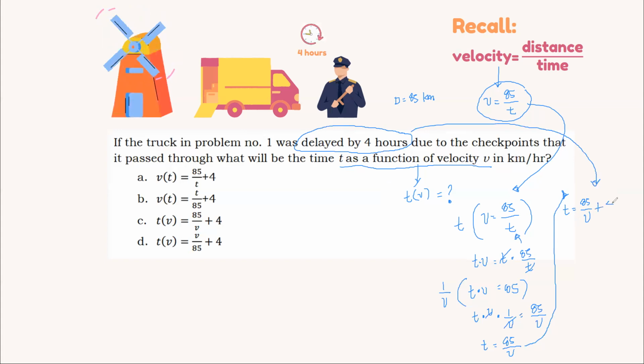So it would be plus 4. So our final equation with t as a function of v would look like 85 over v plus 4. Is this part of the options? Yes, it is. So that is letter C. So C is our correct answer.